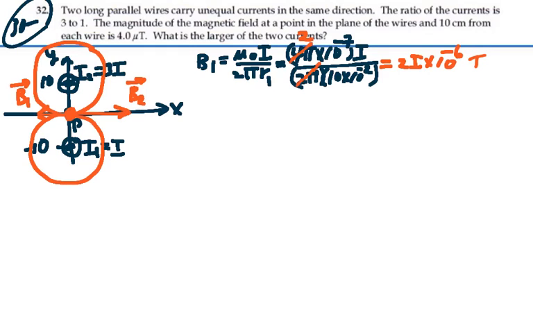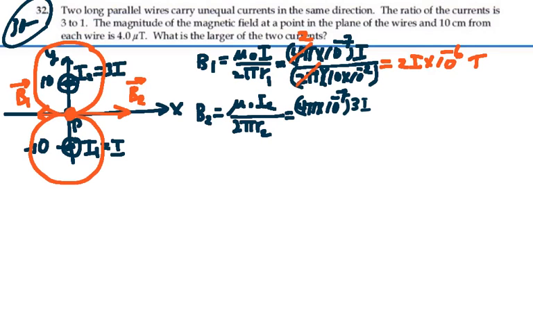For magnetic field B2, that's going to be equal to mu naught I2, which is actually 3I, over 2 pi R2. So this is going to be 4 pi times 10 to the minus 7 times 3I for I2 over 2 pi, and it also is 10 times 10 to the minus 2 meters away.